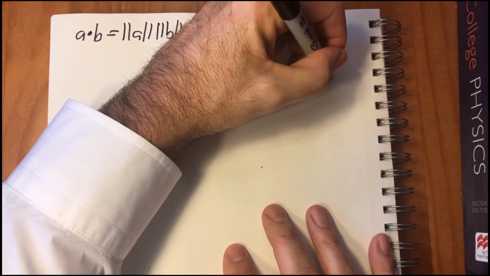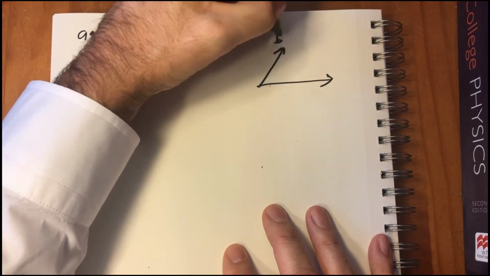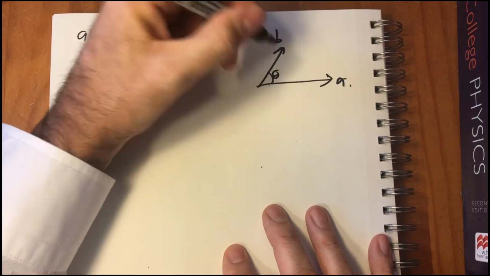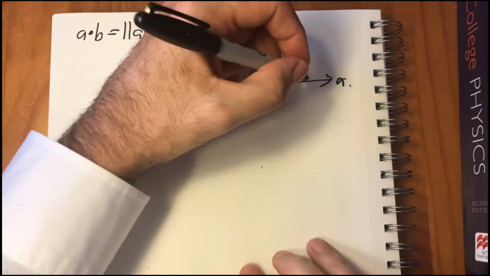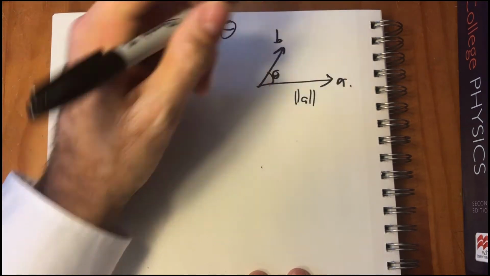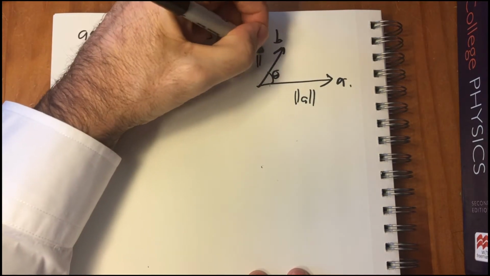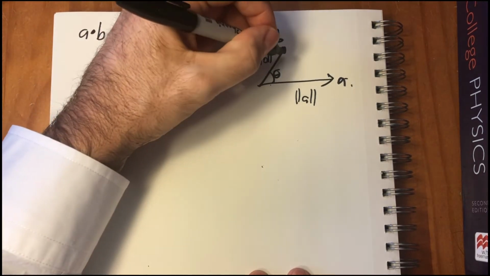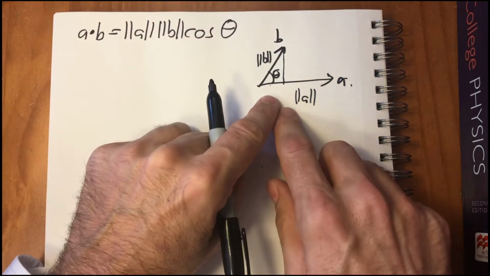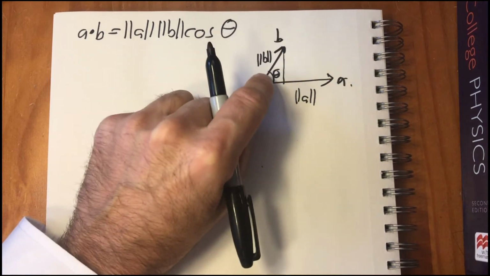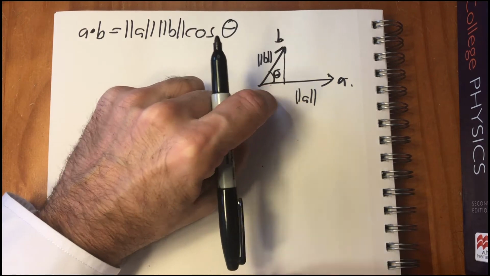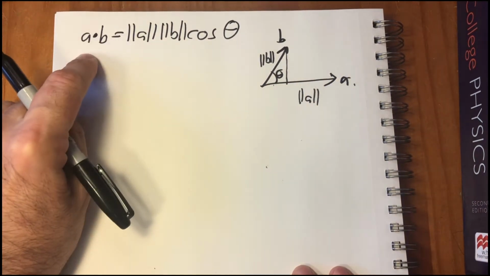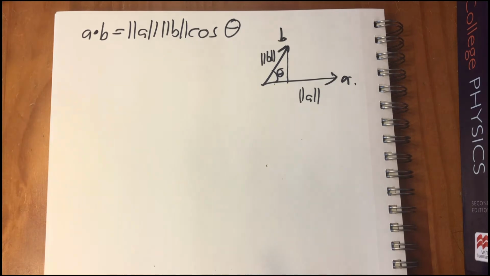If we have two vectors with an angle theta between them, this says that we're taking the length of A times the length of B times the cosine of theta, which basically projects this down, and then we're multiplying this. So we're multiplying the length of B along A times A to get A dot B. But I want to demonstrate why that's true.